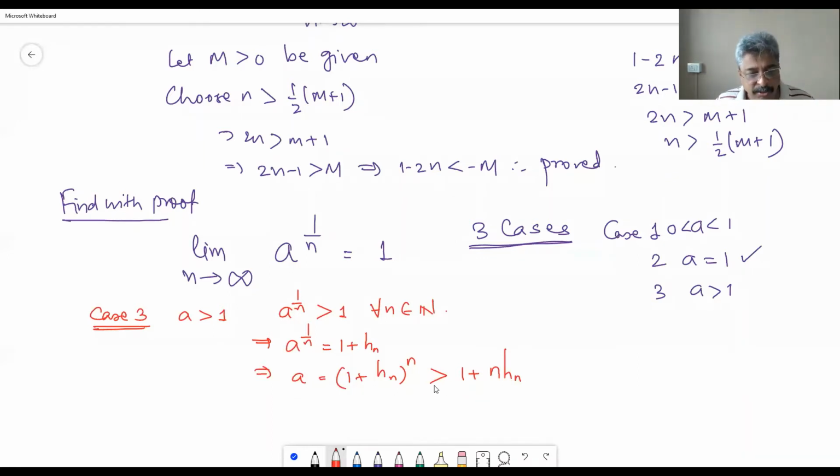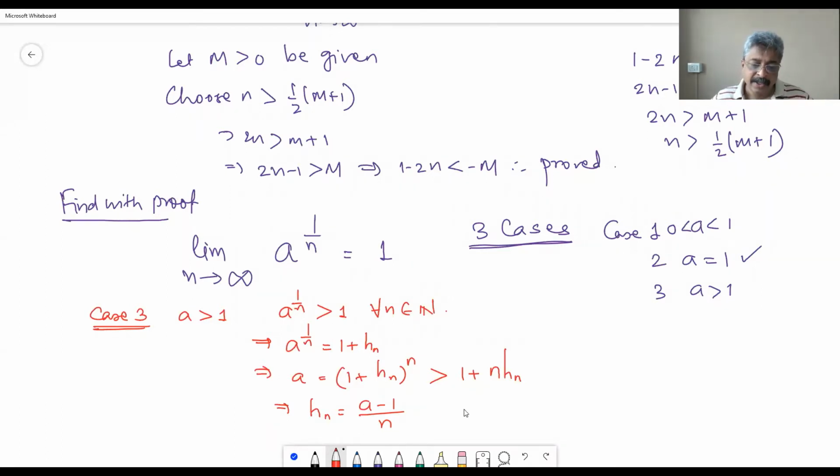So a is going to be greater than 1 plus n h_n. Therefore h_n is less than a minus 1 upon n. Is that okay? So I am just considering this inequality and writing h_n is less than a minus 1 upon n.